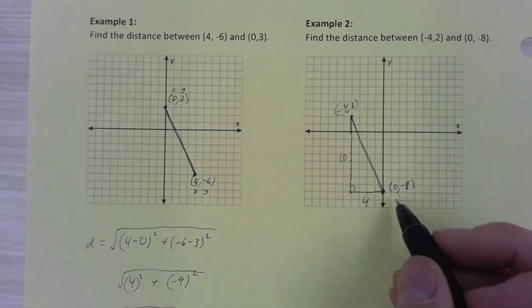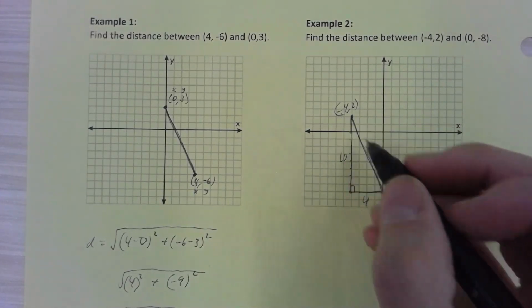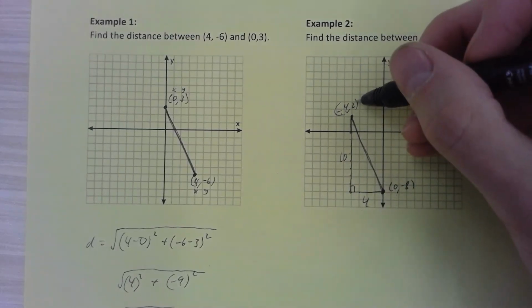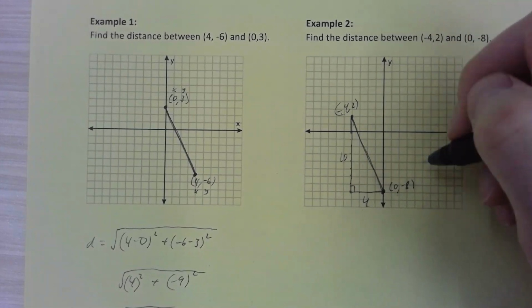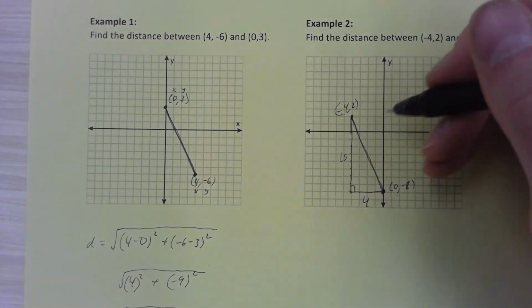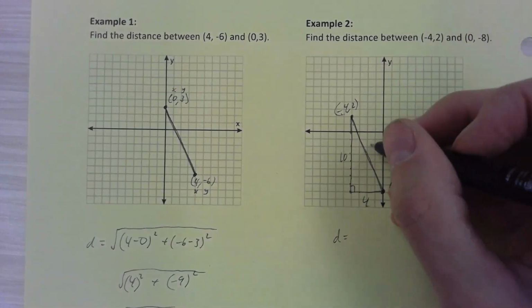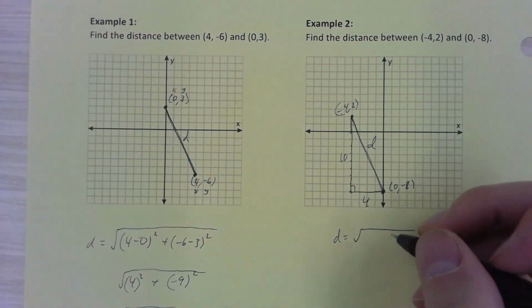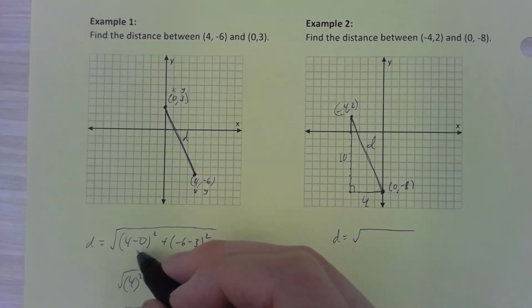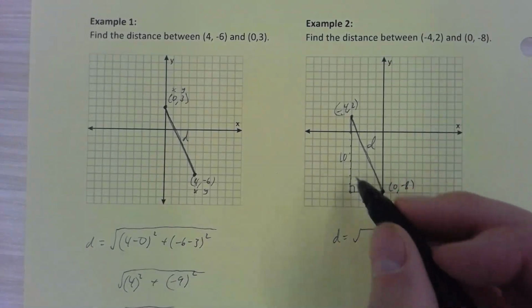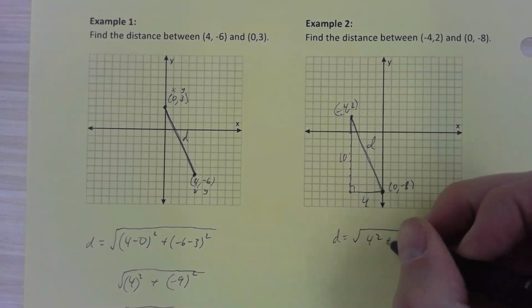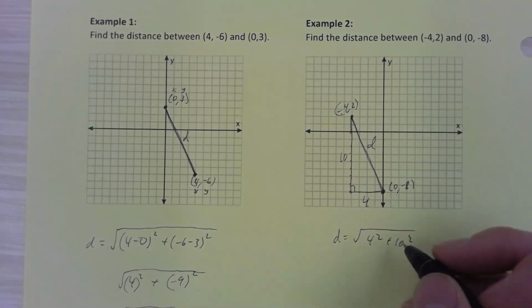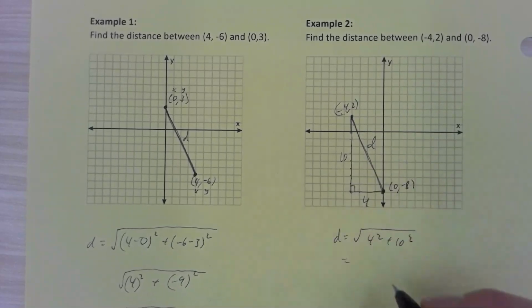To double check, 0 and -4 are 4 units apart, and the difference between 2 and -8 is 10. They're 10 units apart. So my distance is the square root of, well, I already found my difference between my x's and my y's, and put them on my diagram: 4 squared plus 10 squared. So I can skip straight to that second step after labeling those on the diagram.